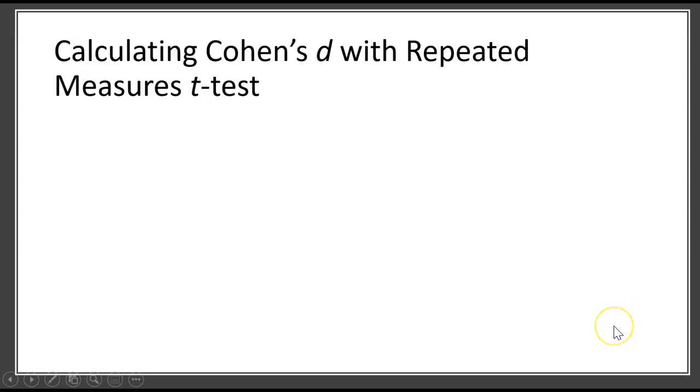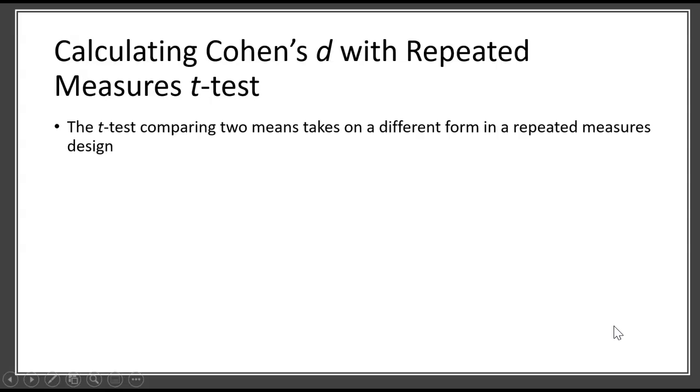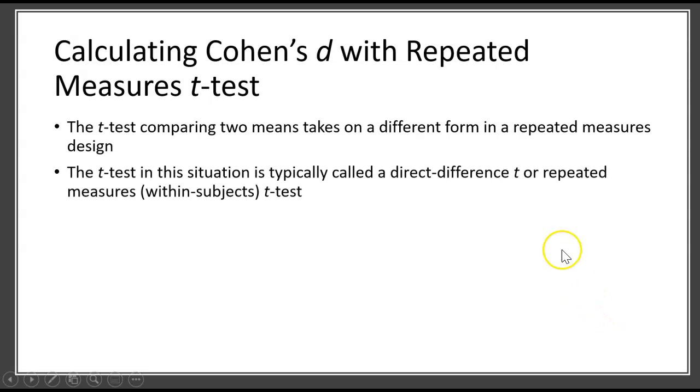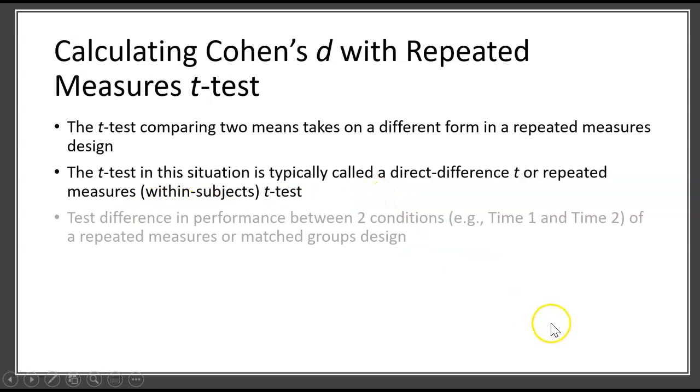When we have repeated measures tests, the calculation is different. Because what you're dealing with is a within subjects repeated measures design, instead of the method described on the previous slides, here it's called a direct difference t, because it's a within subjects test.